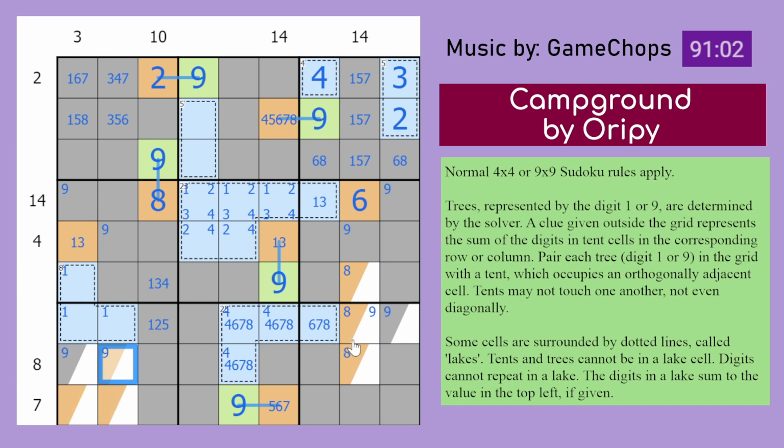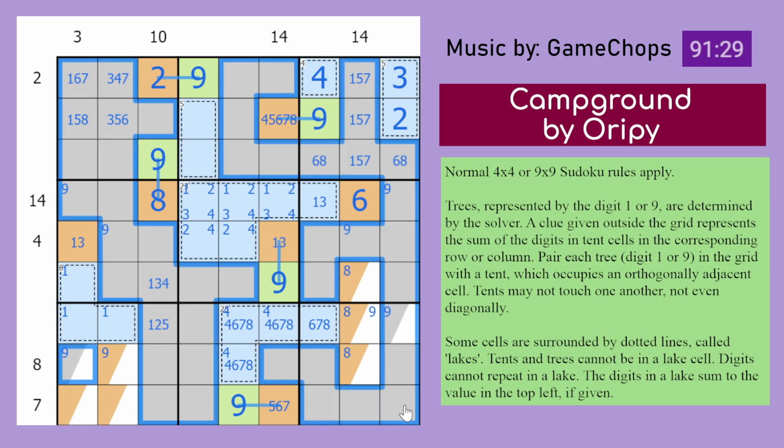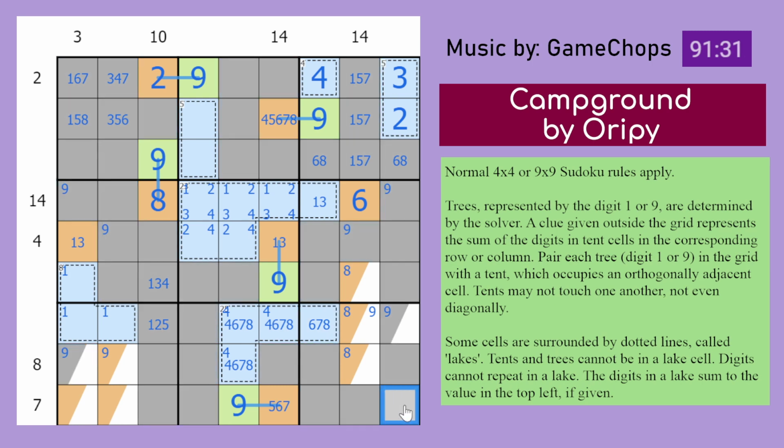If 8 was here, we know it's not there, but if 8 was here, that could and would be an 8. If 8 was here, 8 would have to be there, which puts 8 in one of those cells. If 8 was not in the way at all, you could have an 8 anywhere here, and then anywhere in here, I think. Oh, what the? This is getting really messy.